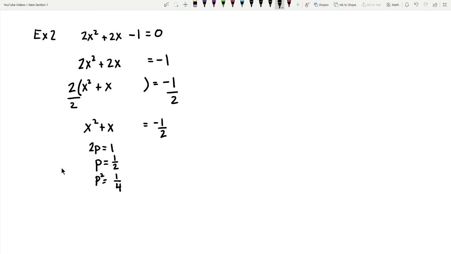To get from p equals 1/2 to p squared equals 1/4, I'm squaring both sides. 1/2 squared is 1/4. So 1/4 is what I'm adding to both sides. Wait a second. Sorry. We added 1 to both sides. That's not going to work. Okay, so I add 1/4 to both sides.